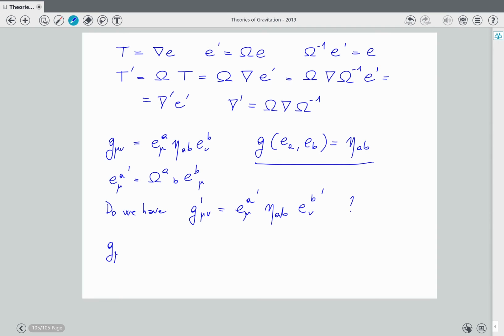So let's see, g mu nu prime would be equal to what?